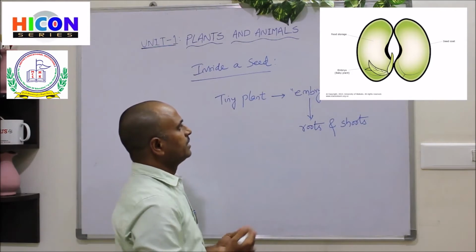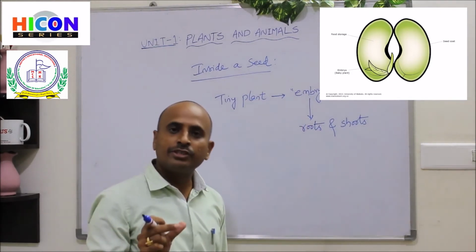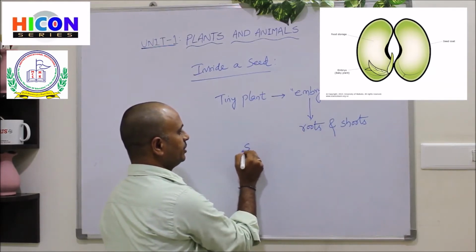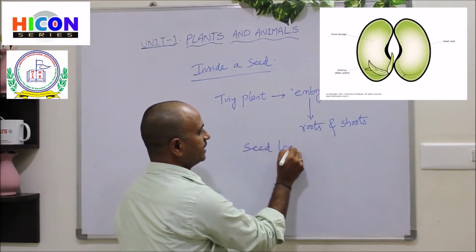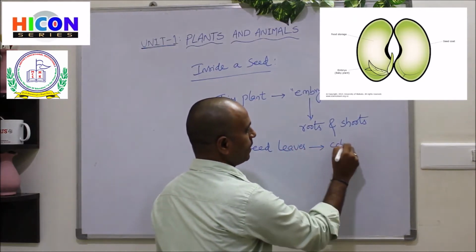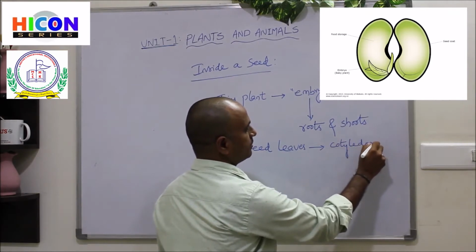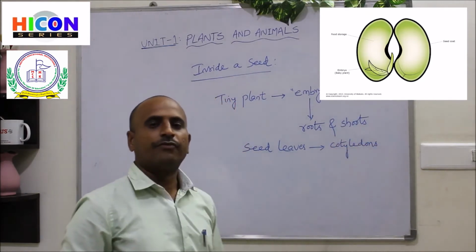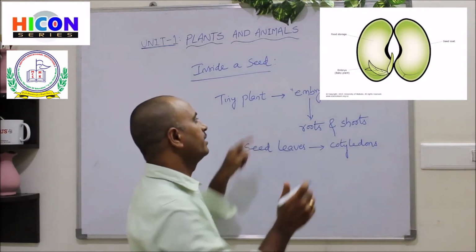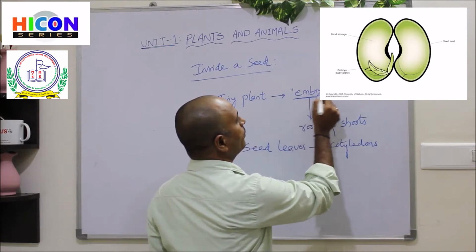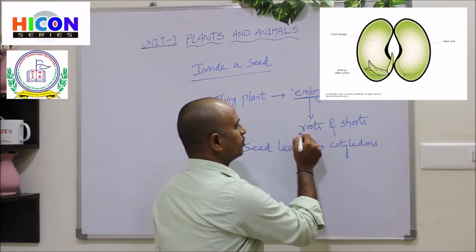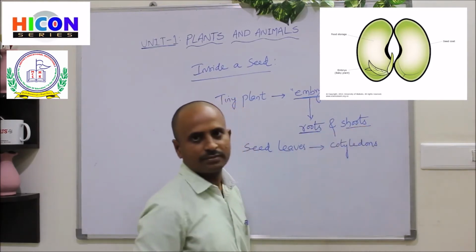And this embryo is attached to the seed leaves, and these seed leaves are called cotyledons. So if we cut the seed into two halves, we will observe a tiny plant called the embryo, which has two parts, roots and shoots.